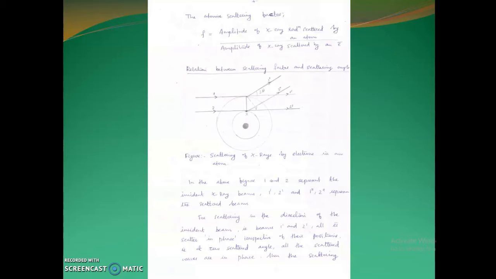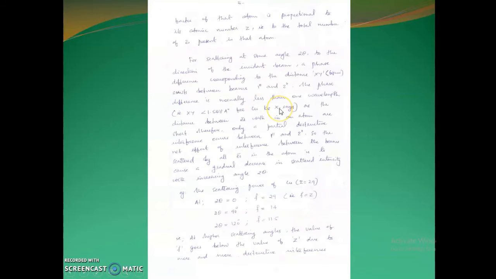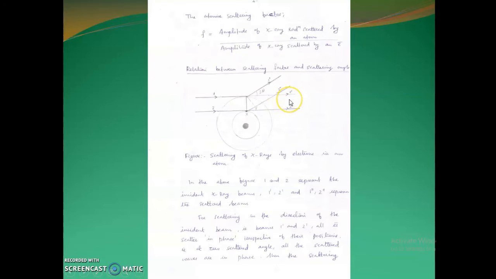Then the scattering factor is proportional to the atomic number, right? So there is no change. The scattered waves are in phase with the incident wave, so there is no change in intensity. So the scattering factor f would be proportional to the atomic number of that particular atom, or the total number of electrons present in that atom.